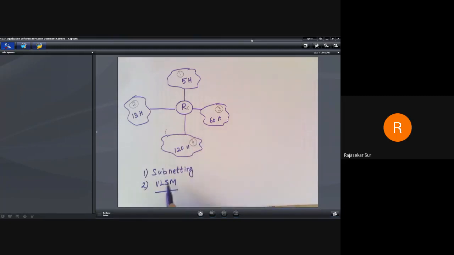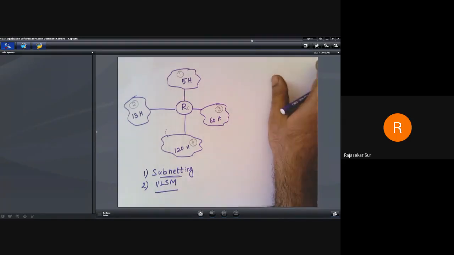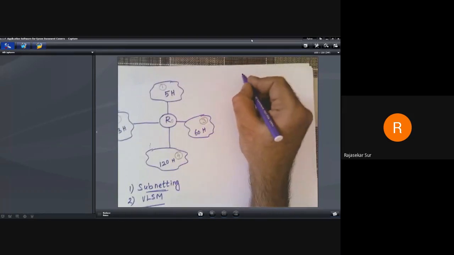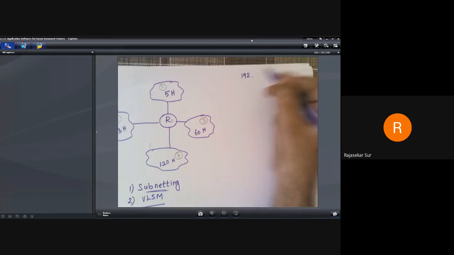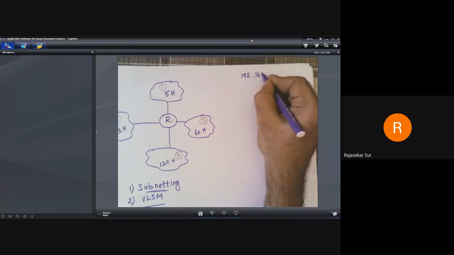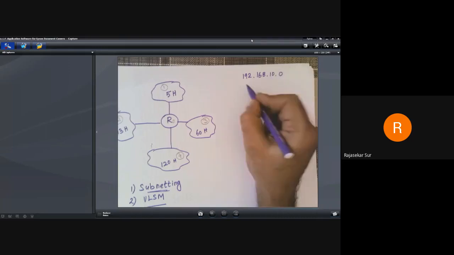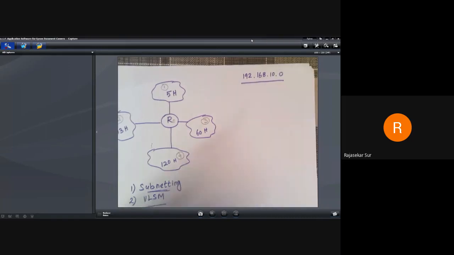Now we are going for the subnetting concept. So first we have to do the subnetting concept. Now, in this case, for example, a class C IP address is given to me: 192.168.10.0. This is a class C network.